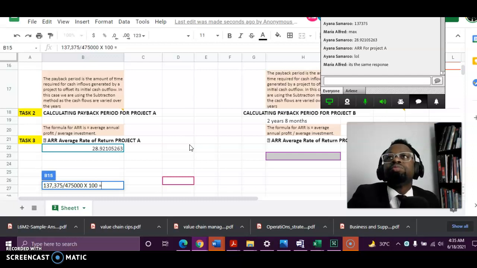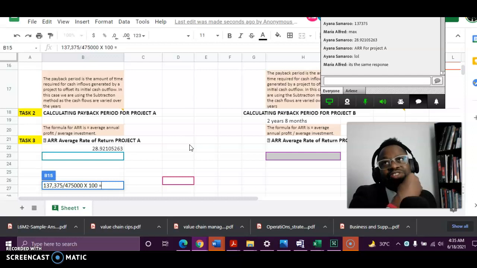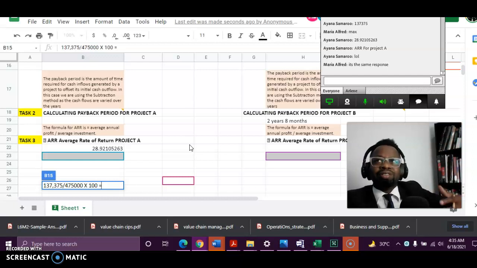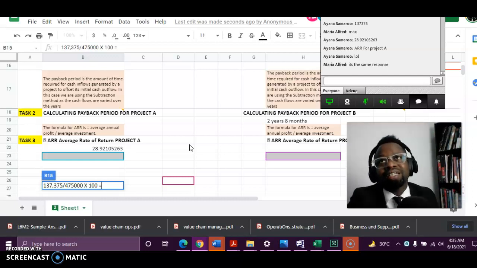What we do, we started with the average. We tallied the years, and to work the average, in this case it was 4 years, and then we took that figure and divided by the cash outflow times 100, right?